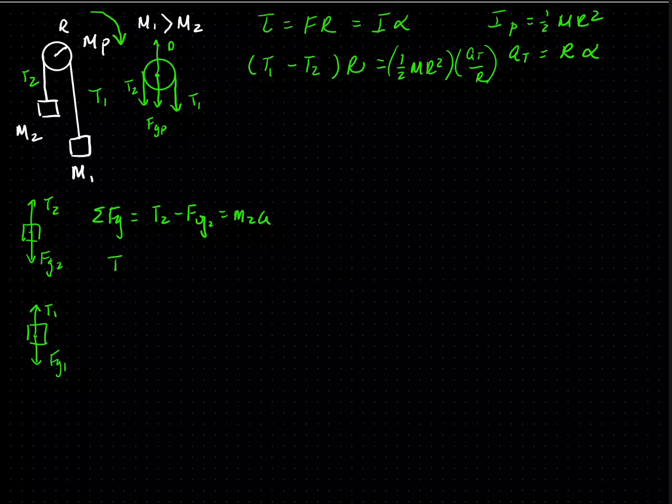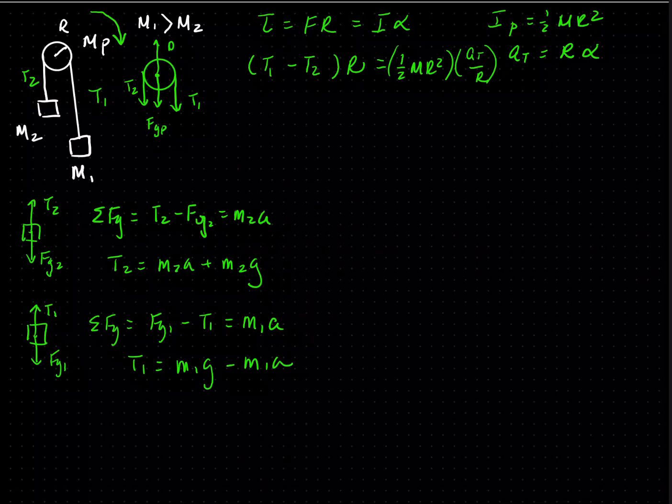So if I solve for T2, this becomes M2 a plus M2 g. For the second equation, since it's moving down, Fg1 is positive minus T1, which equals M1 a. Solving for T1 is M1 g minus M1 a.